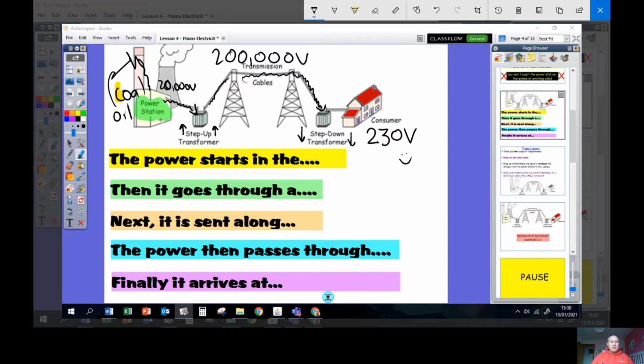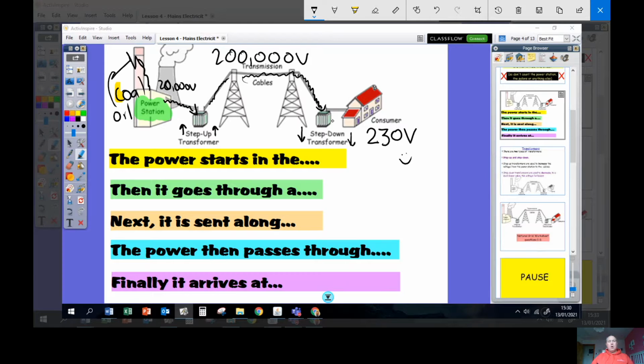So you can see the power station burns the fossil fuels to generate the power. It sends it out at tens of thousands of volts, so maybe 10, 20, 30,000 volts. It goes through the step-up transformer, and that increases the voltage to hundreds of thousands of volts, maybe 100,000, 200,000, 300,000, maybe even 400,000 volts.